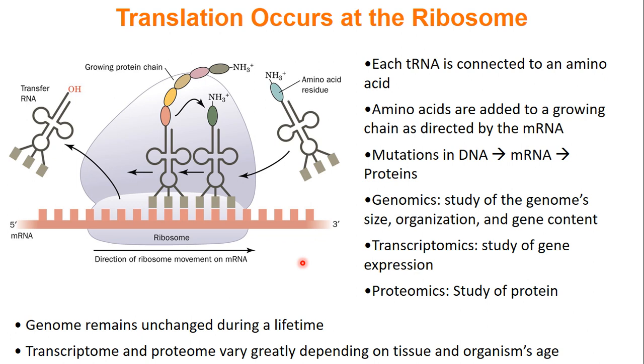Whatever DNA you're born with is the DNA you're going to have. While the transcriptome and the proteome will vary greatly based on age and what tissue you are in. So although the genome itself doesn't change, different regions can be turned on and off, and this will affect the transcriptome and proteome.